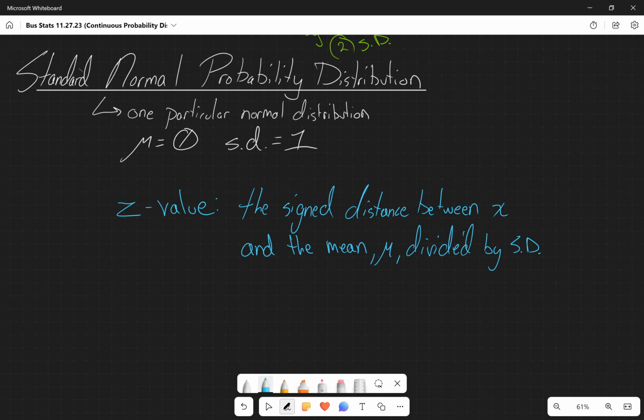And so this z-value relates to the conversion process that we're going to do.